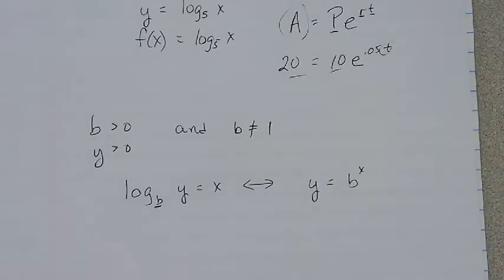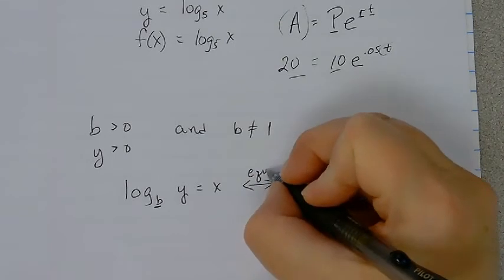So if you'll remember, we talked about inverse functions. A log function and an exponent function are inverses, kind of like adding and subtracting are inverses, multiplying and dividing are inverses, logs and exponents are inverses. So these two are equivalent.